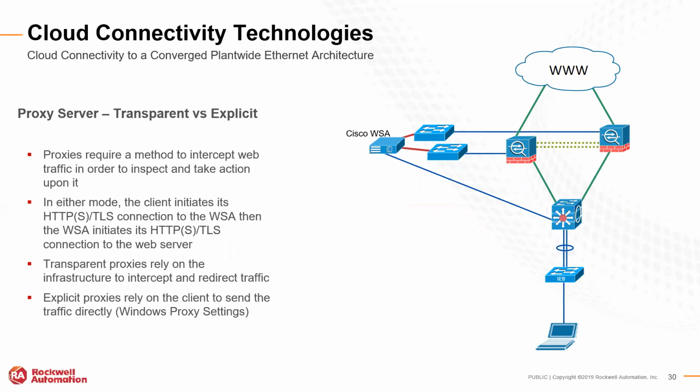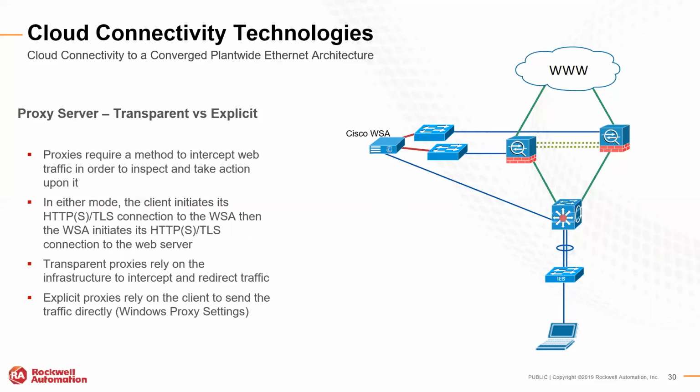So this is how it would work as far as a proxy server being in place. Now, there are transparent and explicit proxies. There are two different processes in which this communication can happen. Proxies require a method to intercept the web traffic in order to inspect it.